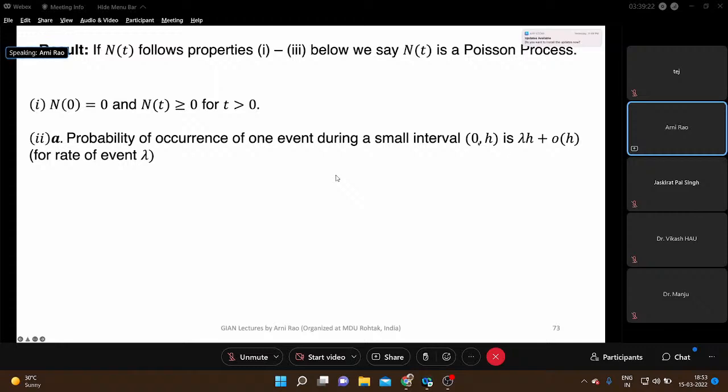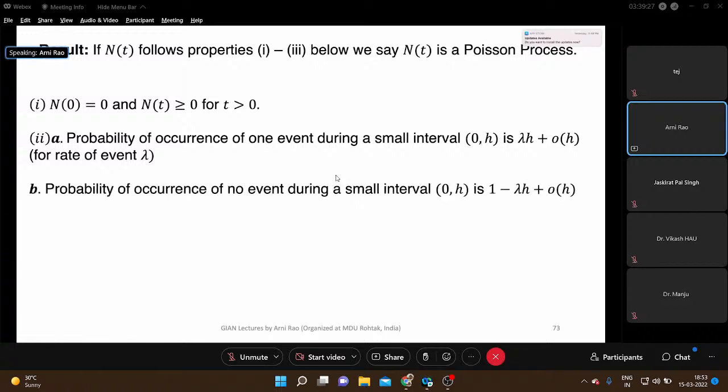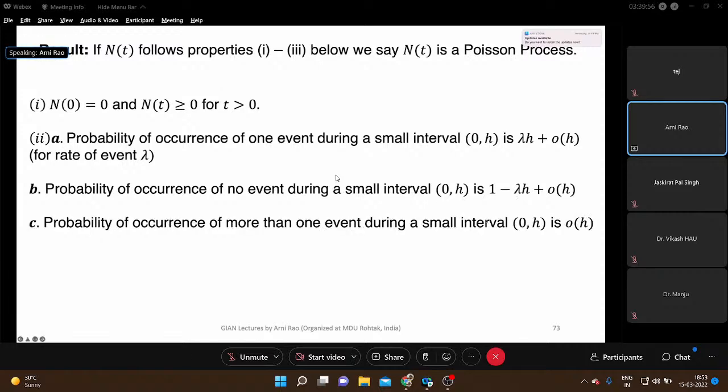H is an interval, 0 to h is the time. And the probability of occurrence of no event is 1 minus lambda h. If the probability of getting heads is p, then the probability of getting tails is 1 minus p, because only two events are there. If one event occurring is lambda h, not occurring is 1 minus lambda h. And the probability of occurrence of more than one event is ignored, it is 0.